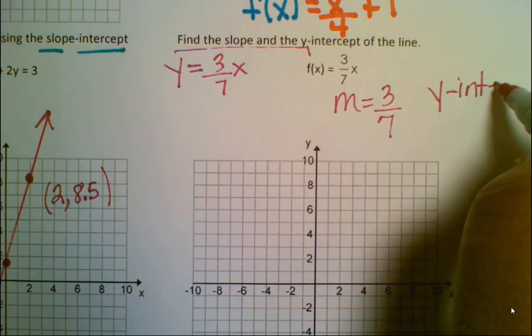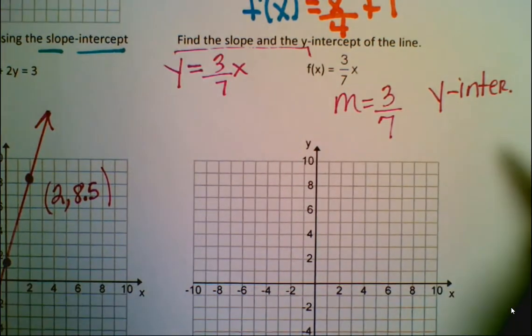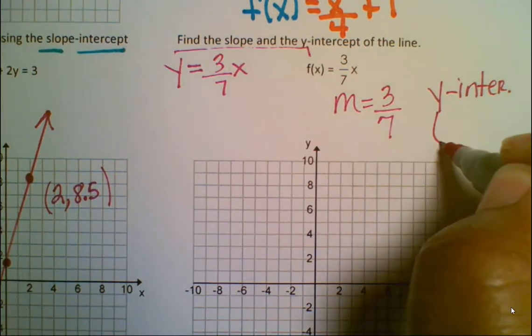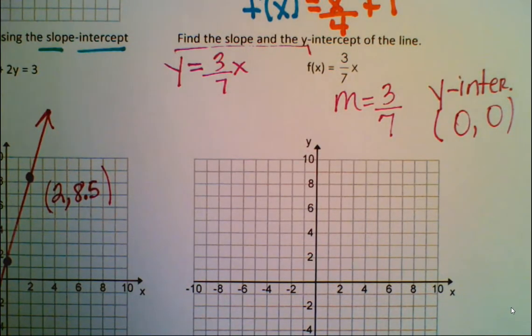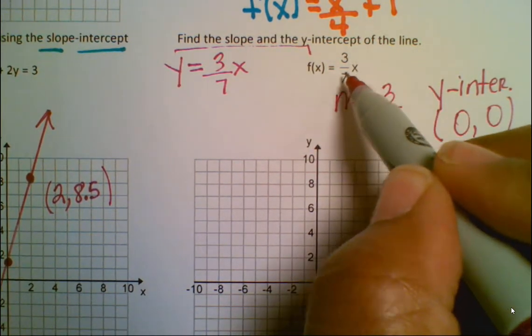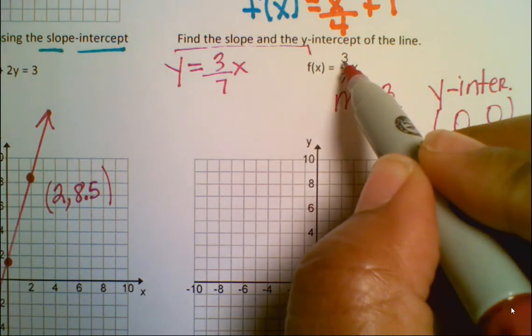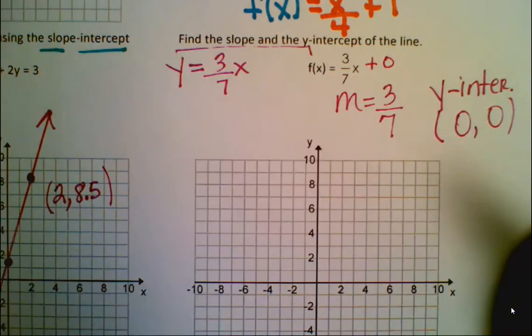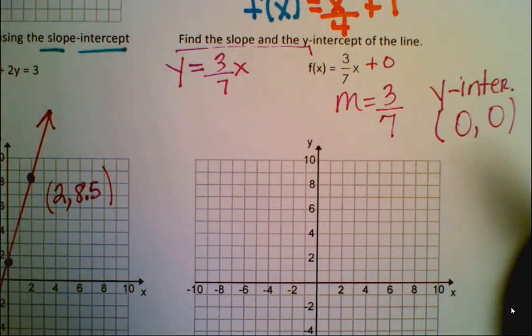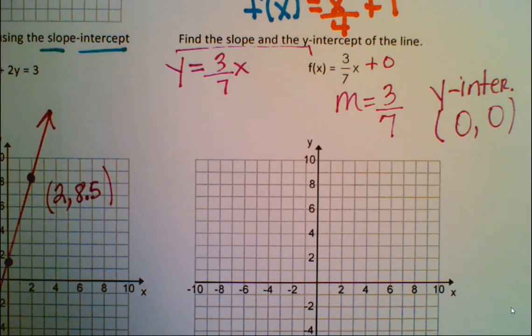Is it shown? Or what is it understood to be? It's going to be 0, 0. Because we could have said f of x is equal to 3 over 7 times x plus 0, with 0 being the y-intercept. So we're starting at the origin.